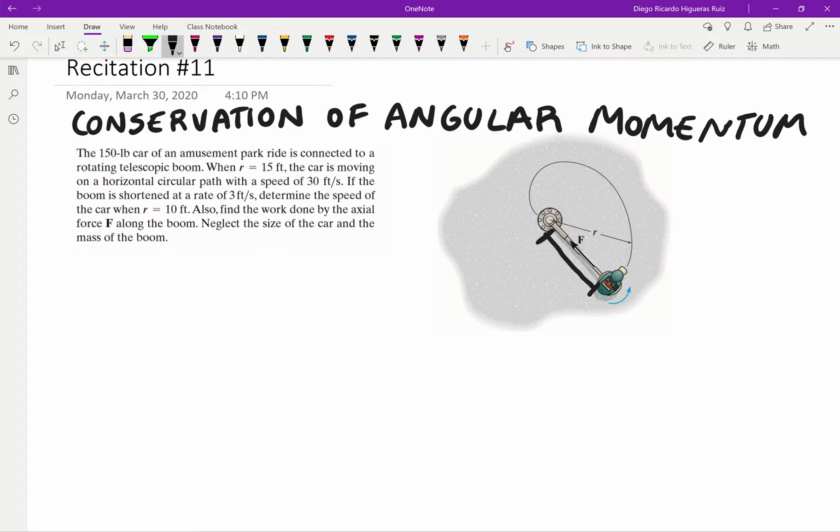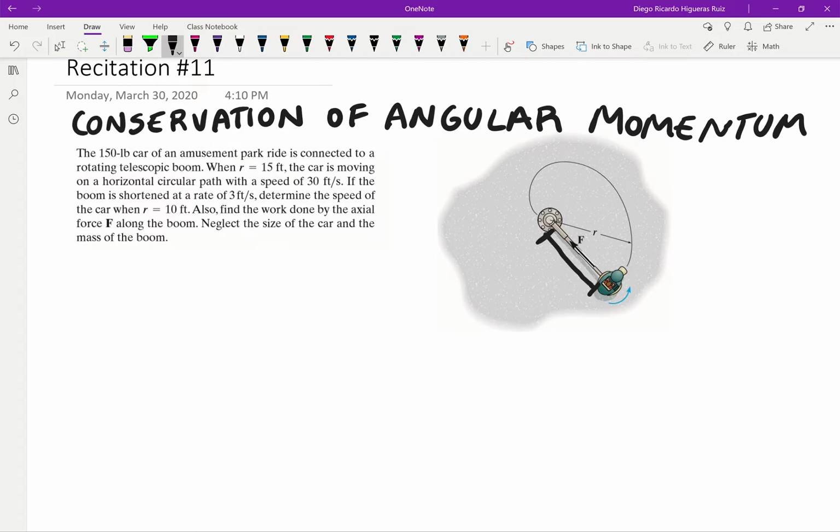If the boom is shortened at a rate of 3 feet per second, determine the speed of the car when r equals 10 feet. Also, find the work done by the axial force F along the boom. Neglect the size of the car and the mass of the boom.